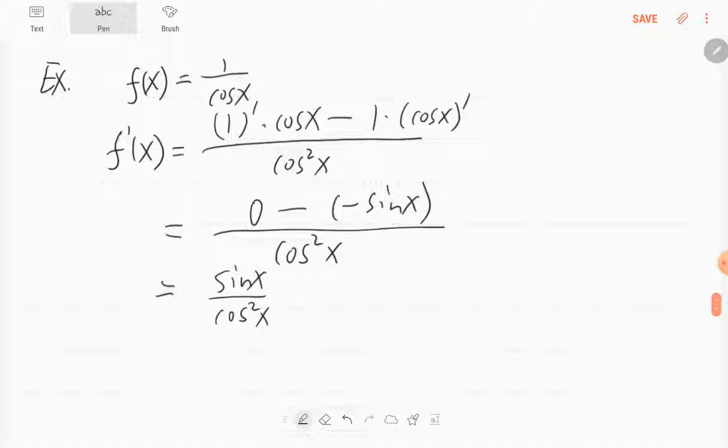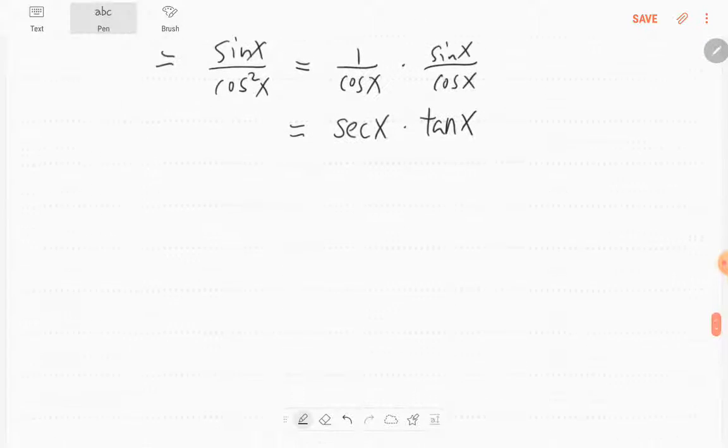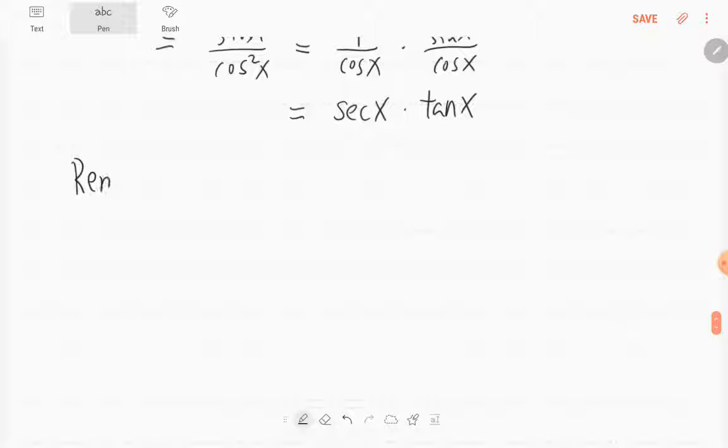Okay, let's rewrite it. Of course, if this is the problem, you can stop here, but we want to derive some formulas. This can be written as 1 over cosine x times sine x over cosine x, right? 1 over cosine is the secant x, and this is times the tangent x. So let's look at the remark for this problem.